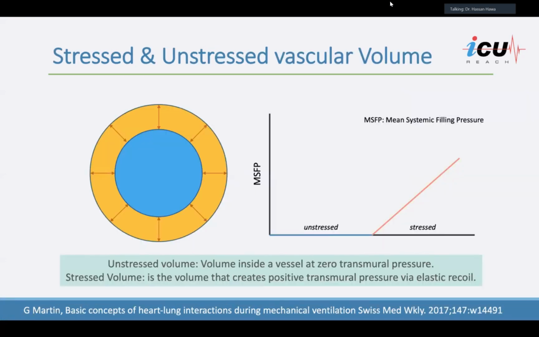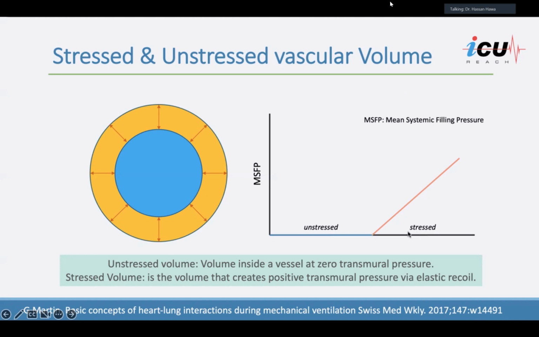We talked a little bit about the stressed and unstressed volume. The idea of unstressed volume is the volume, if you like, in the middle of the blood vessel that's not exerting any pressure on the vascular walls. The unstressed volume doesn't usually contribute to the mean systemic filling pressure.